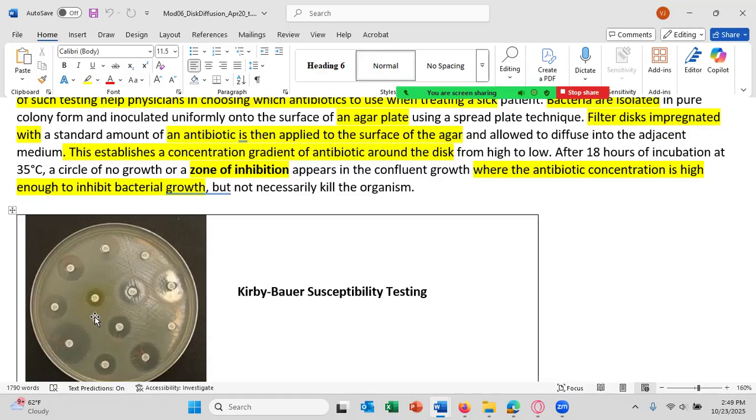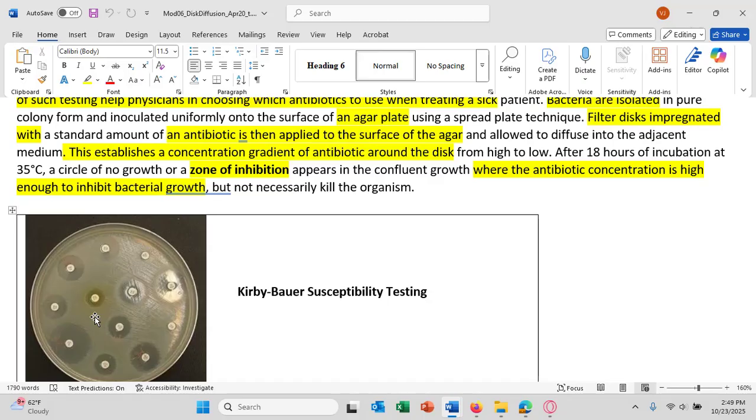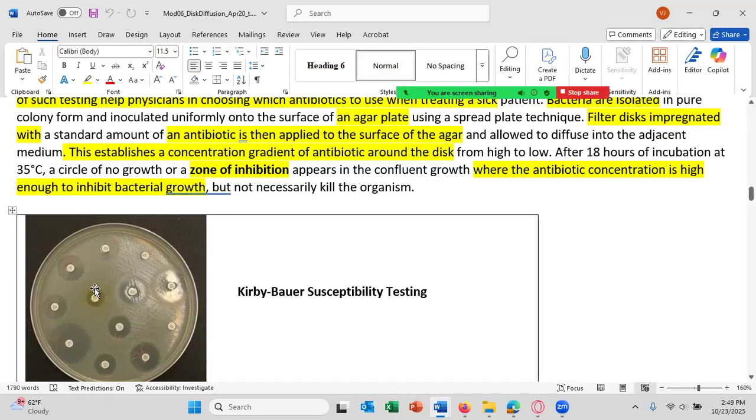It is actually not so good for testing a disinfectant, because we're really testing the disinfectant's ability to diffuse through the agar. And when you apply a disinfectant, you disinfect the area. It's not diffusing when you apply it.